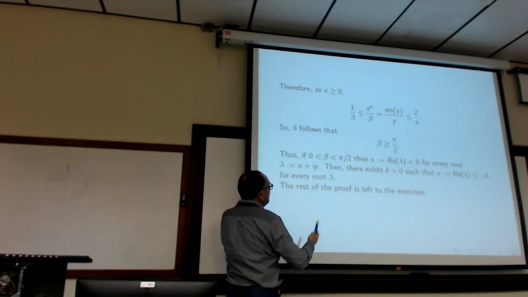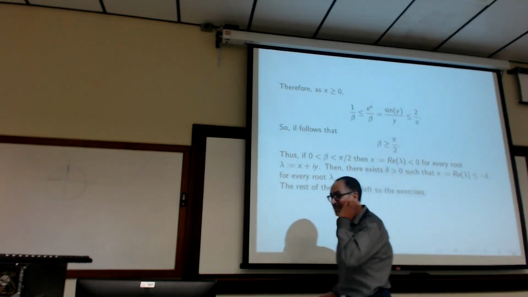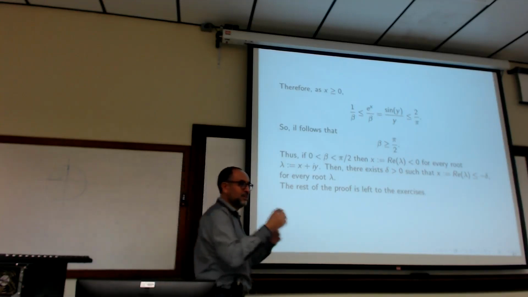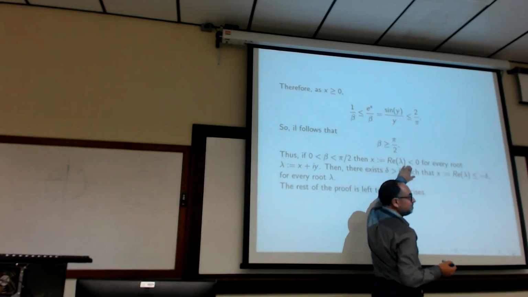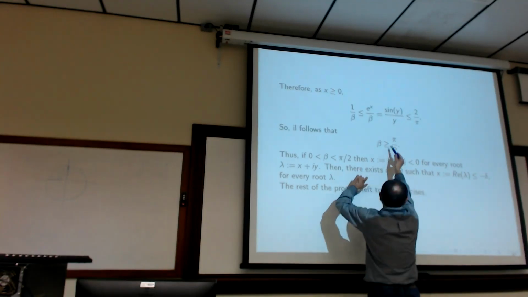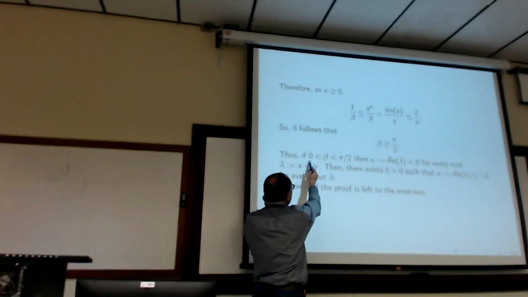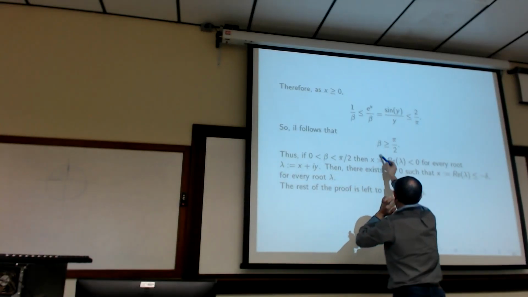And we can conclude, if we don't have this, that means x is negative, because we assume that x is positive. On the other side, now, if you don't want to have positive real part, we have to not choose this, but to be outside. Then between 0 and pi over 2, all the solutions satisfy this.